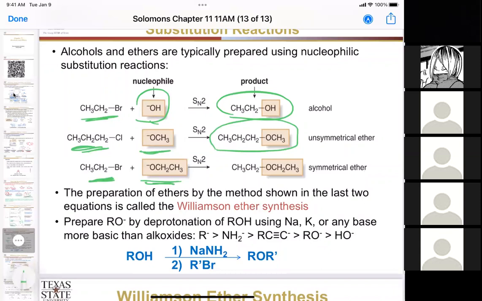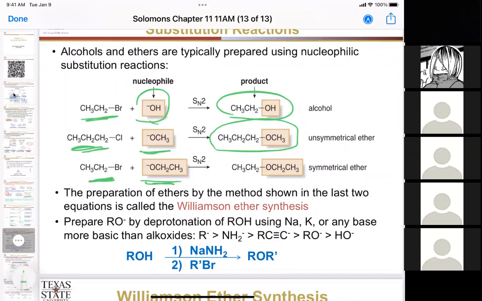Okay. So if we're getting these ether reactions through a nucleophilic substitution attack, specifically SN2, that actually has a name. It's called the Williamson ether synthesis. It's used specifically for making ethers in high yields.